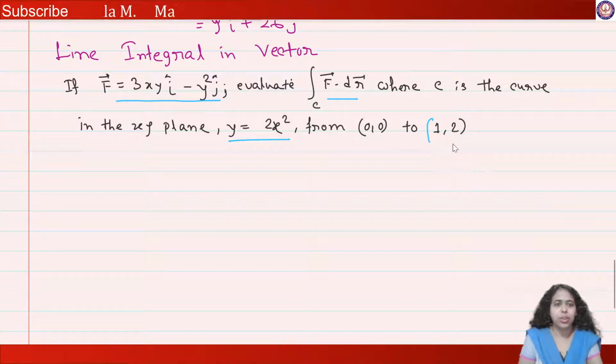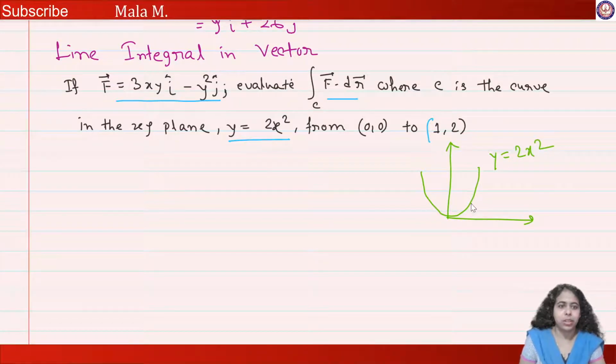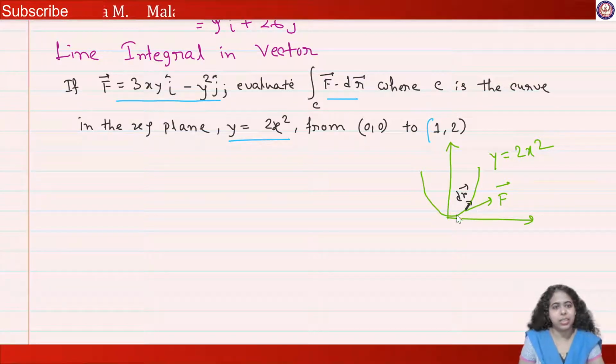So first we will draw our curve. y equals 2x square is nothing but a parabola. If at any point there is the force, then for a small displacement dr, F dot dr is the work done.